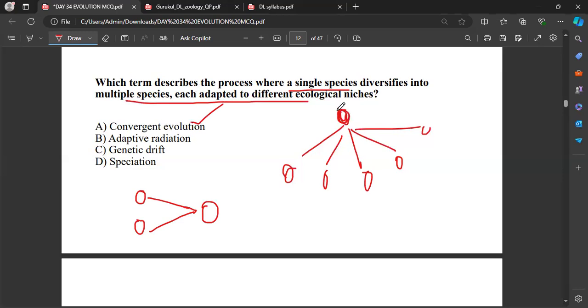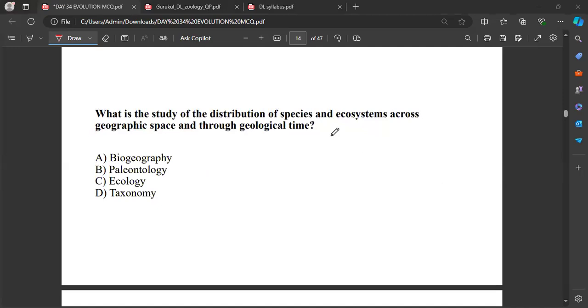Through a common ancestor, by acquiring different characteristic features according to different ecological niches, it will develop into different species, but they share a common ancestor. That is what adaptive radiation and divergent evolution is. Everybody clear, right? What is the study of the distribution of species and ecosystems across geographic space through geological time?